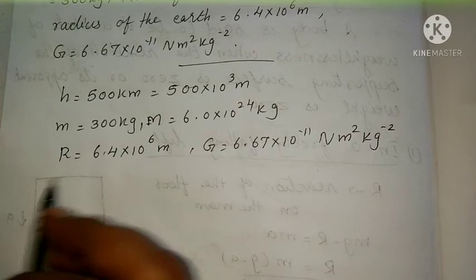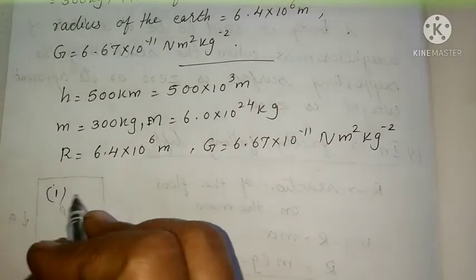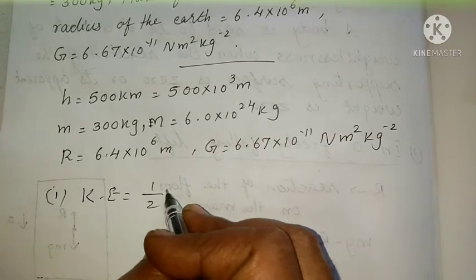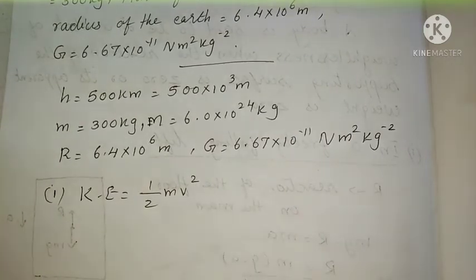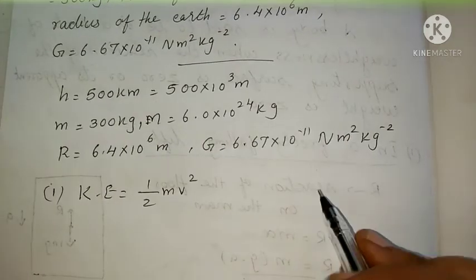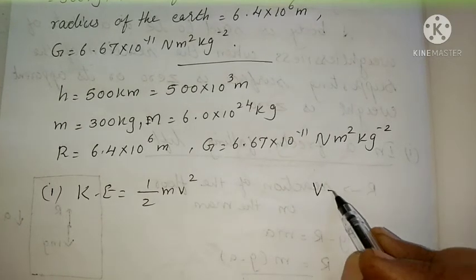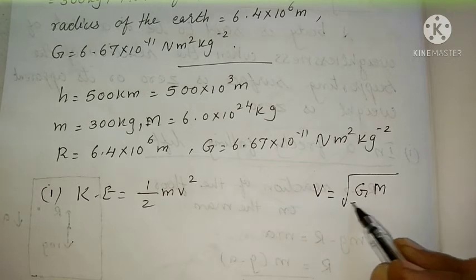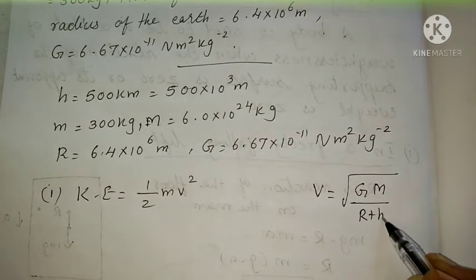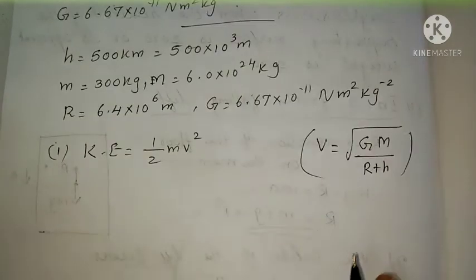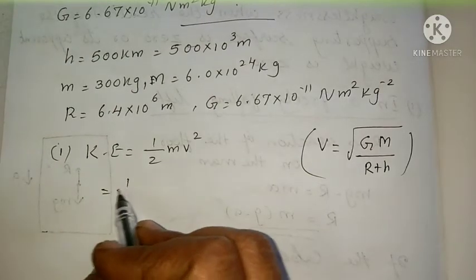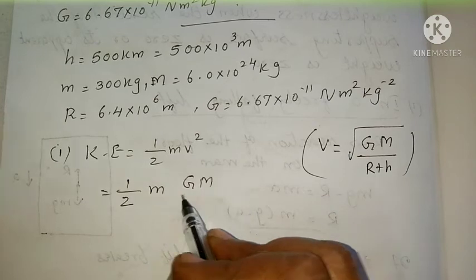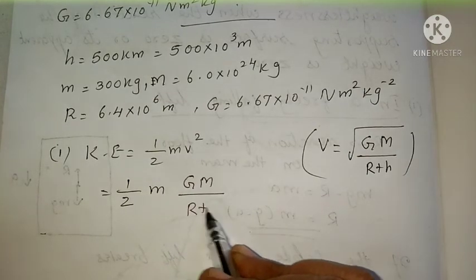Here first you want to find out the kinetic energy. So what is the formula of the kinetic energy? Kinetic energy equal to half mv square, where v is the orbital velocity of the satellite. We already derived the equation, that is v equal to root of GM by r plus h. We can substitute that here, that is half into m into GM divided by r plus h.